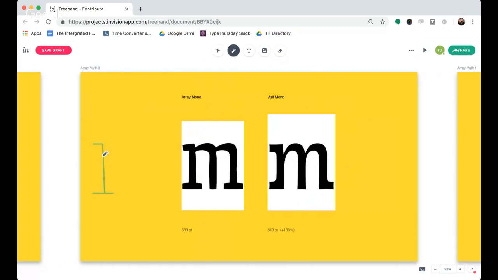For Array Mono, it was basically foot serifs that are bidirectional in both cases, while Vulf Mono had a bidirectional in the first stem, but on the second one it was directional. Now, what's occurred here is we've gone to directional in Vulf Mono in both cases, and no serifs at all in the middle, which is mirrored by Array.